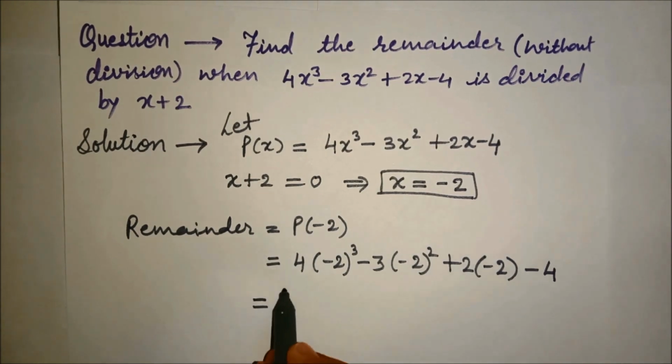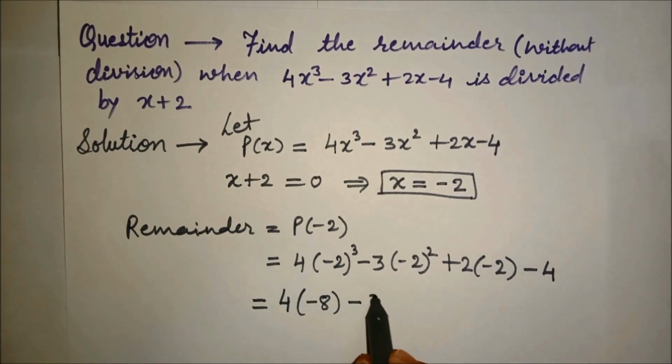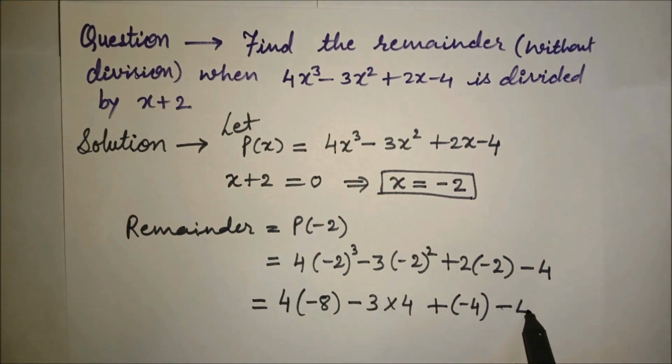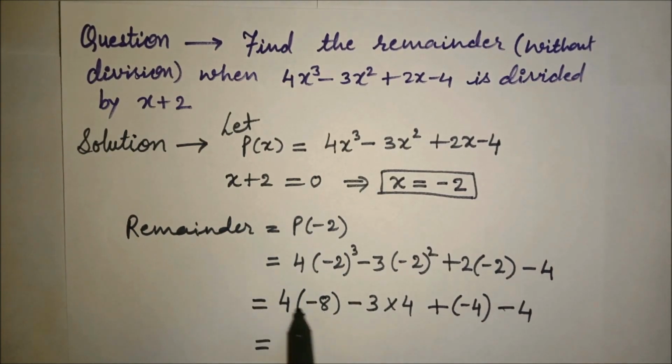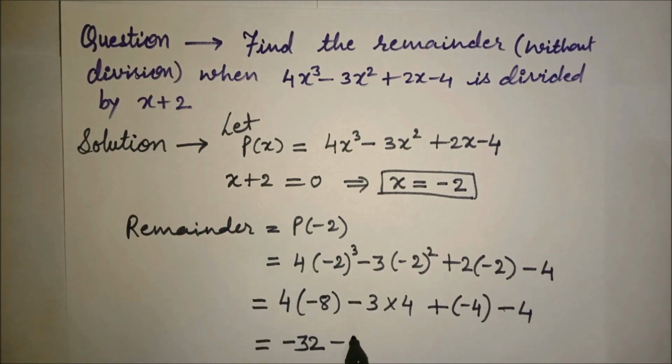Now we will simplify it. 4 into minus 2 cube is minus 8, minus 3 into minus 2 square is plus 4, 2 into 2 is 4, and there is a minus sign, so we write minus 4 and here minus 4. 8 4s are 32 and there is a minus sign, so minus 32, minus 12, minus 4, minus 4.